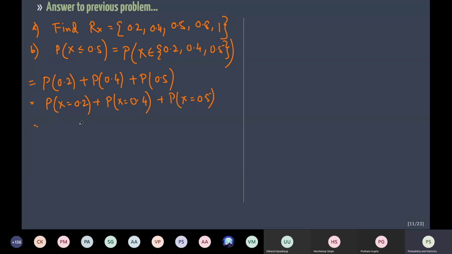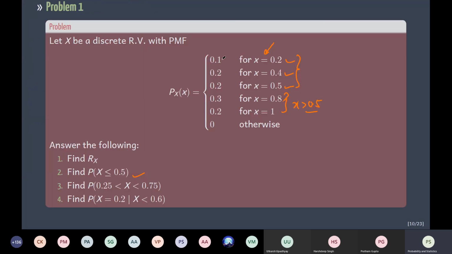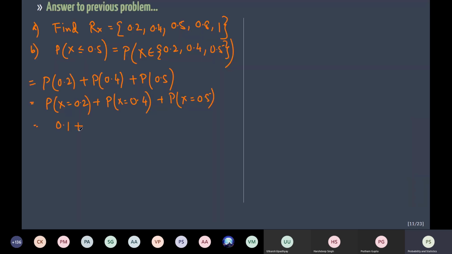If you read these out, that is 0.1 plus 0.2 plus 0.2, which is 0.5.